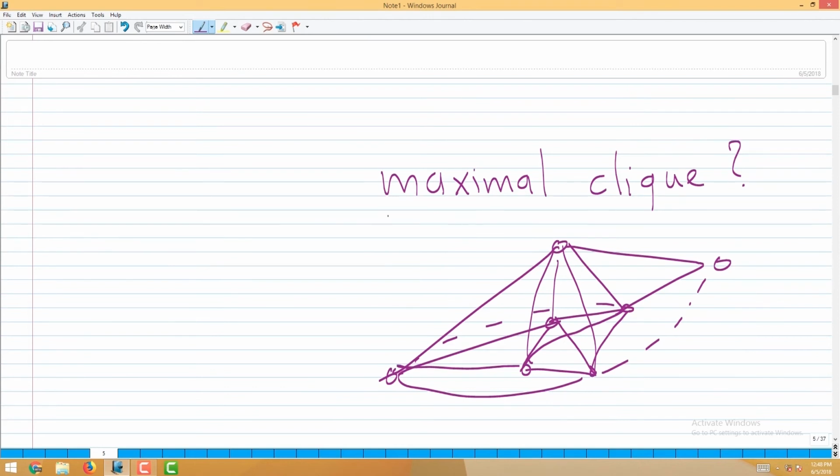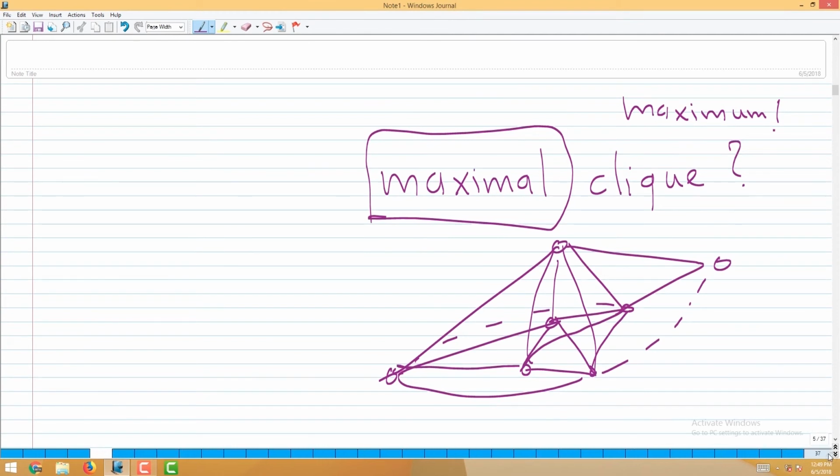Then we say that it is maximal, again maximal, not maximum. What is maximum then? Maximum means in terms of the number of vertices, which should be biggest, right? Maximum is maximal, but maximal need not be maximum, right? So minimum is minimal, but minimal need not be minimum, right? So we think of maximal cliques.